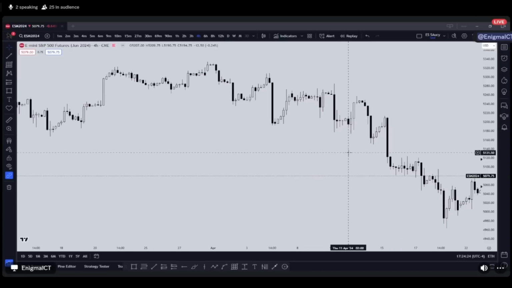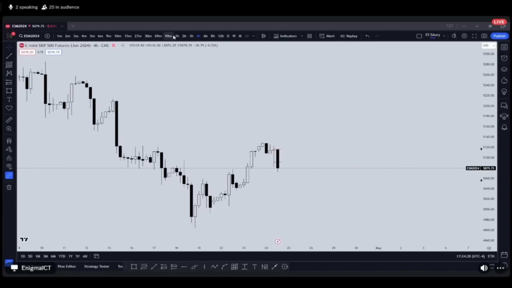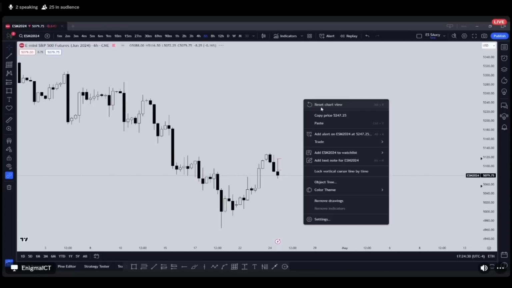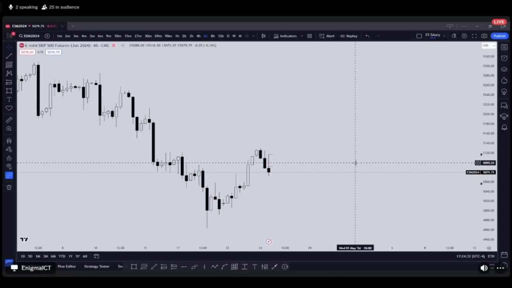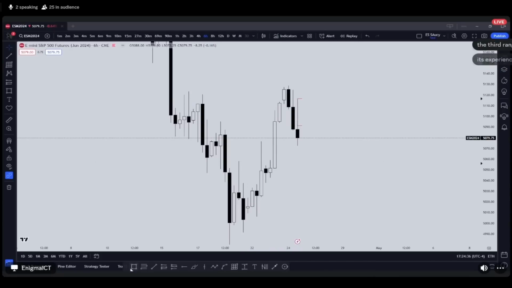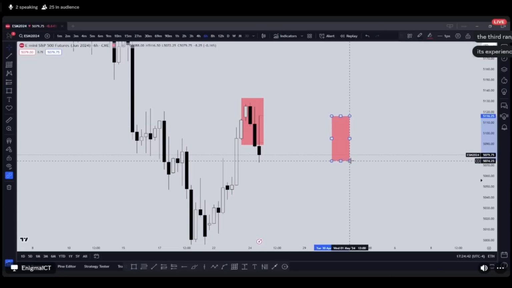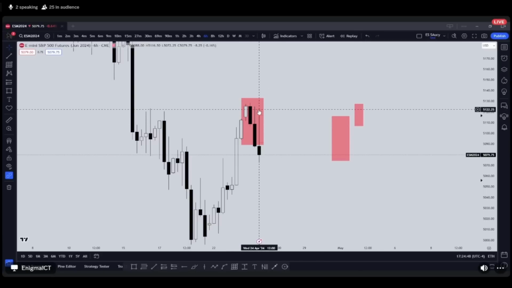Oh, there was SMT, and like I said, it's always a three candle pattern. So it was this candle, right? The first candle is the range. The second candle is the manipulation, and I took it on the manipulation.